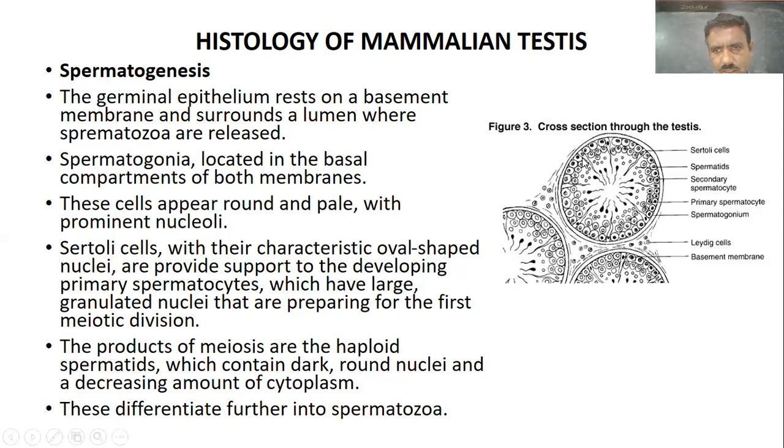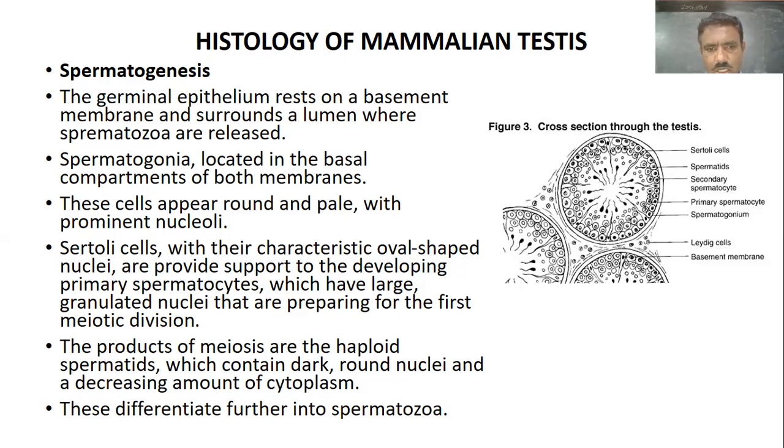These cells containing oval-shaped, granulated nuclei are preparing for the first meiotic division. The products of the meiosis are the haploid spermatids. These spermatids undergo meiosis.